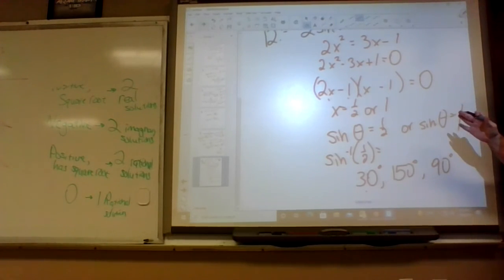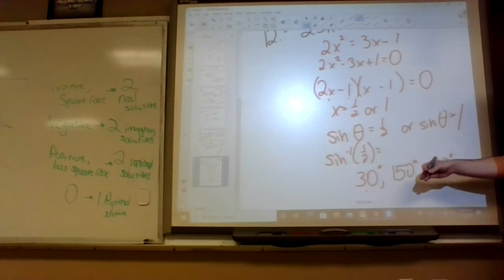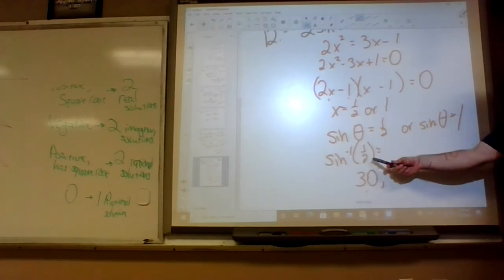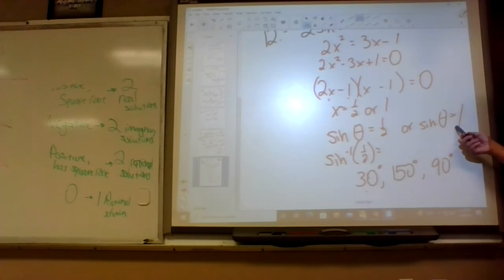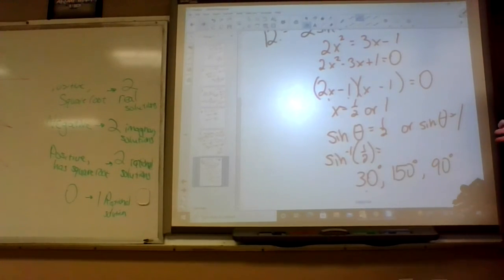Sine 30 equals 1/2 and sine 150 equals 1/2; if you plug both in, it'll give you 1/2 on both of them. But at 90, 180, 0, 270, those 4 cardinal directions, sometimes there's only 1 answer.